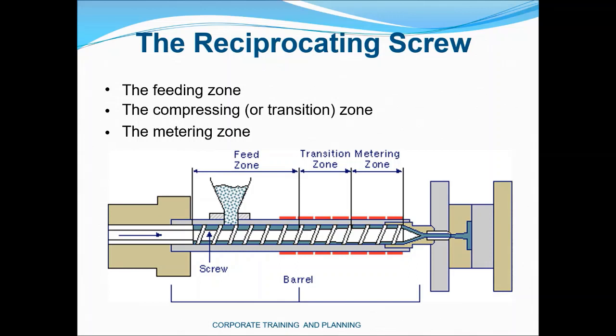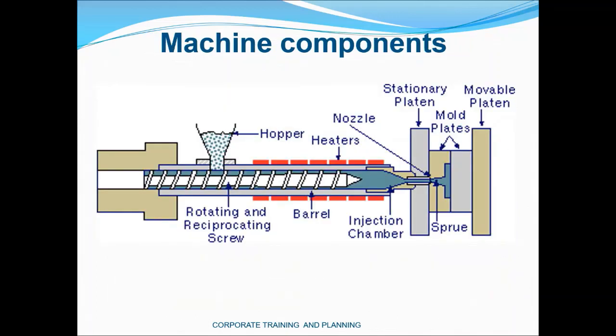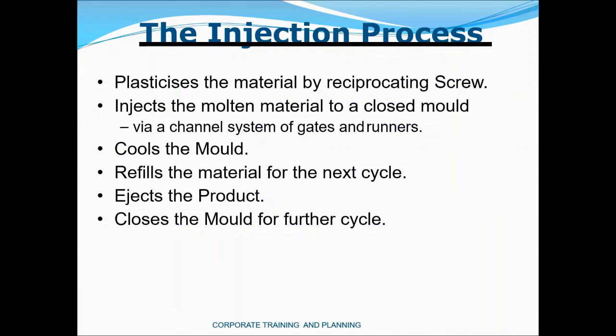In the reciprocating screw machine, there are the feeding nozzle, compression zone, metering zone, and the machining component, that is the screw. The reciprocating screw injects the molten material into the closed mold, where it cools.